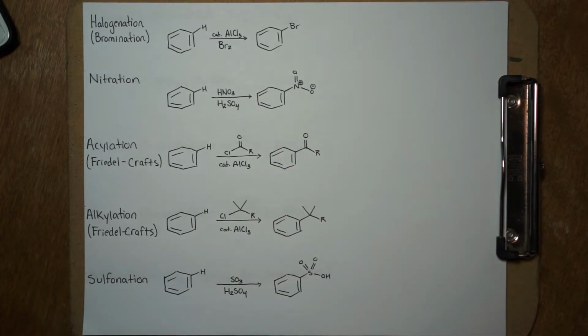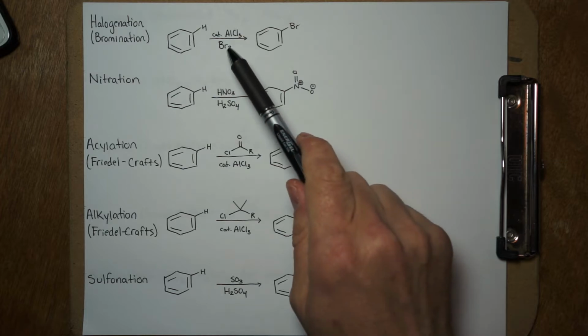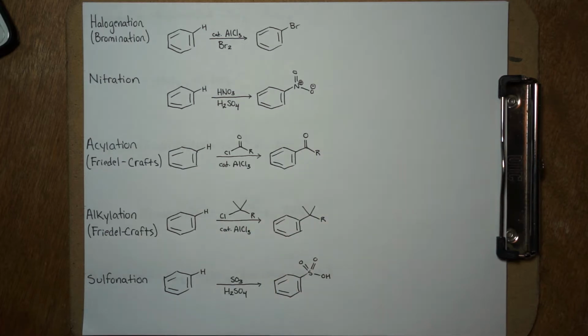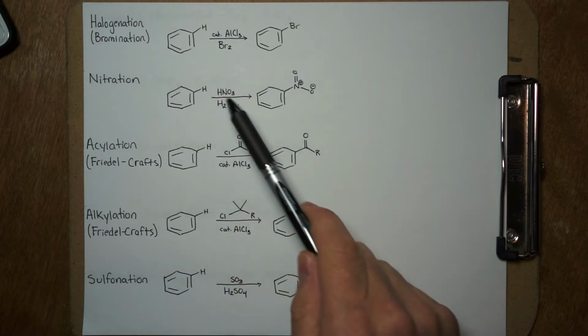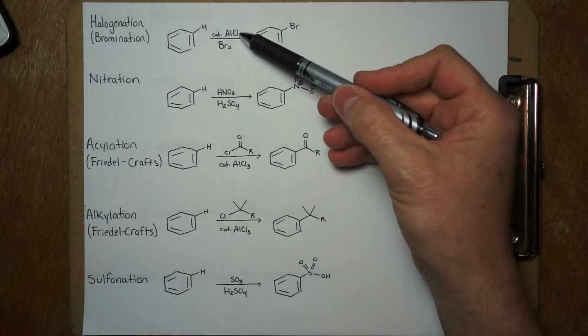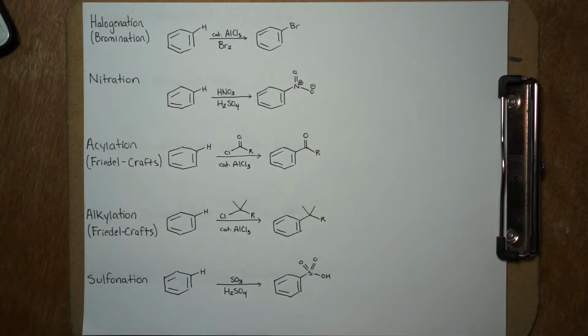They would just sit there and look at each other and nothing would happen. It's not until we add in a catalyst that we can get the transformation from benzene to bromobenzene.